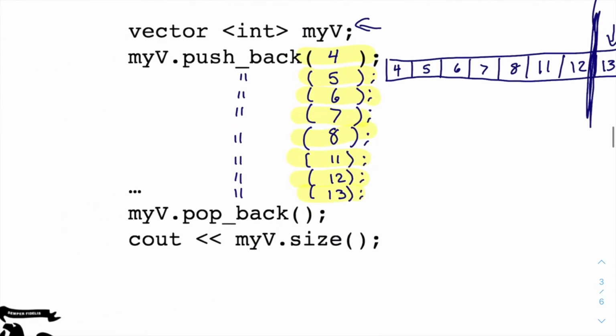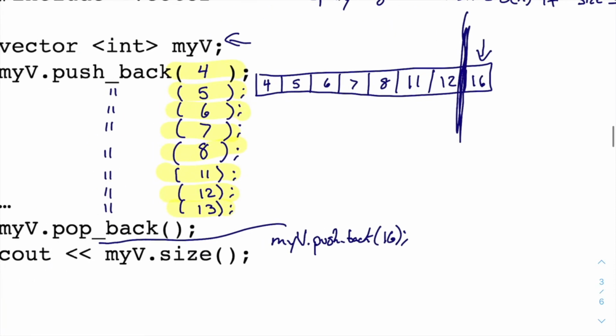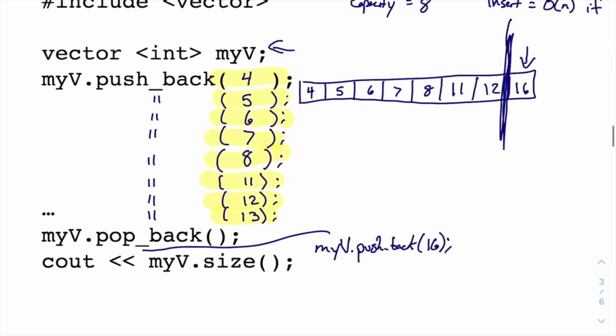So that means the next input, so let's say right in here, there happens to be a myv.push_back(16). What all that means is that the 16 is going to come in and be inserted right here. And then our size, of course, will be updated to the value of 8. So that is how the pop_back works.